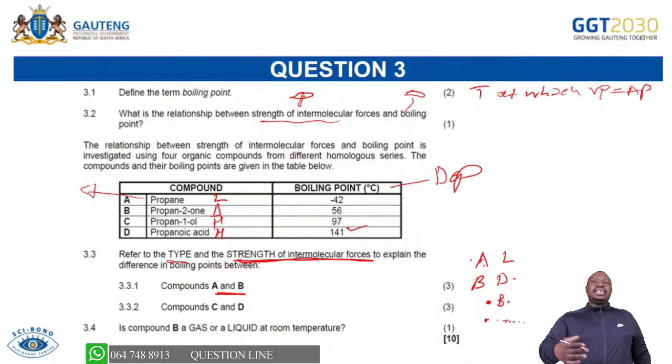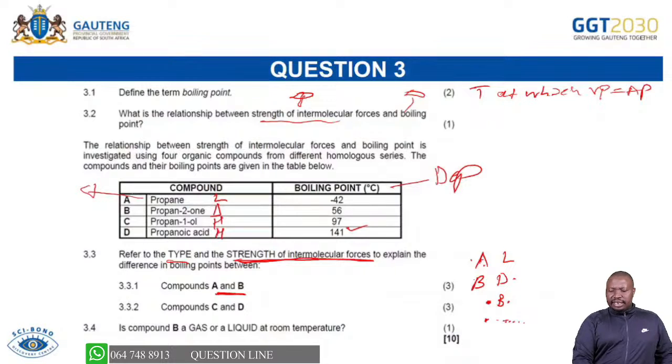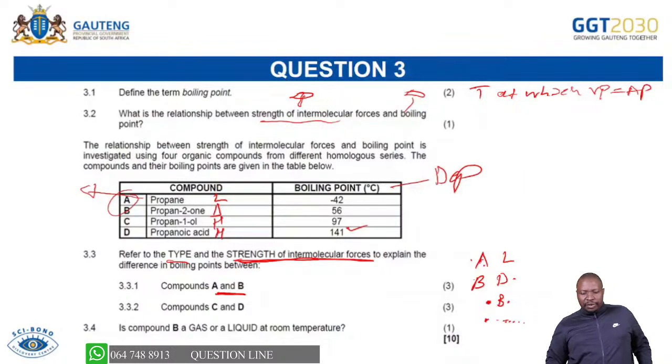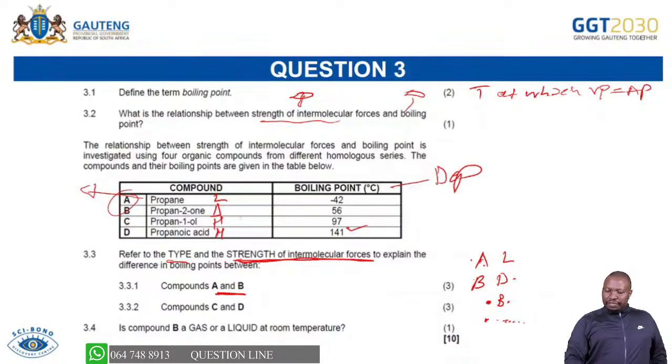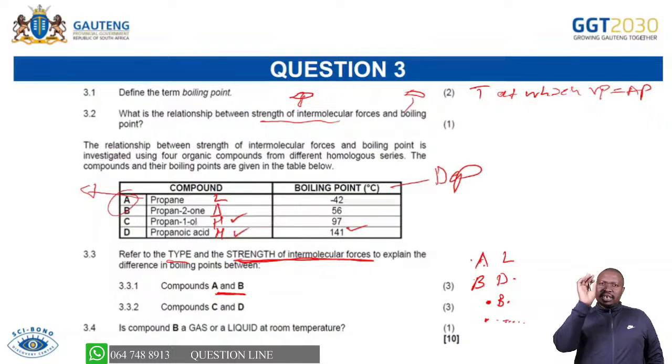It's important that you are using the letters there. Instead of writing the proper noun and all that, it becomes long and you might make mistakes. Refer to them as A and B, as the question did. Compound C and D, you will say all of them have hydrogen bond. That is your first mark. But the alcohol has one side of hydrogen bond, and the carboxylic acid has two sides.